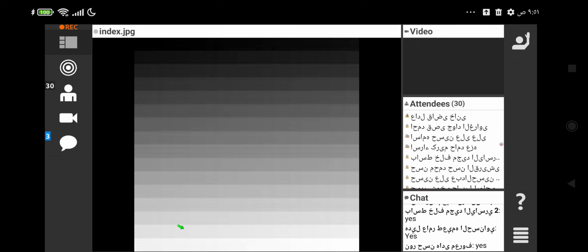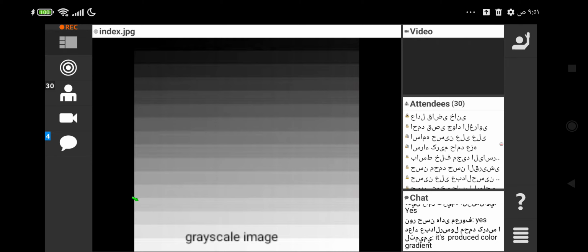Let me write it here. Gray scale image. A gray scale image is a black and white image where the colors are only gray.